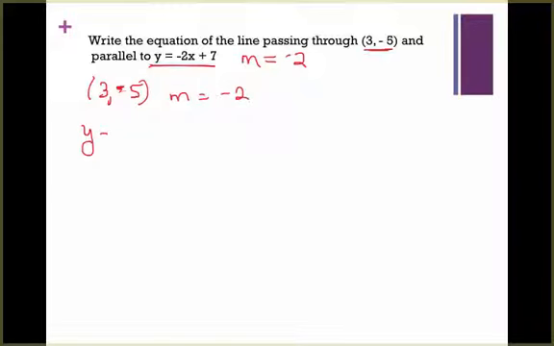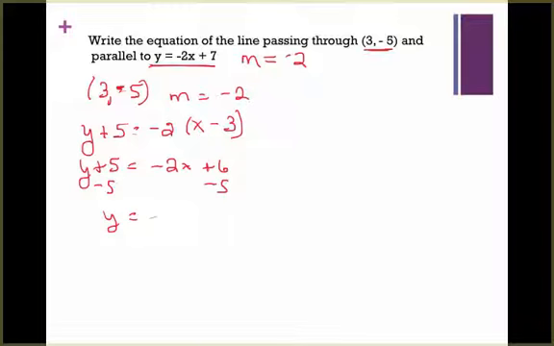Y minus y1, which would be minus -5, so plus 5, would equal m, -2, x minus x1, which would be 3. Now I'm going to distribute and get -2x plus 6 and get the y by itself by subtracting 5. And I get y equals -2x plus 1.